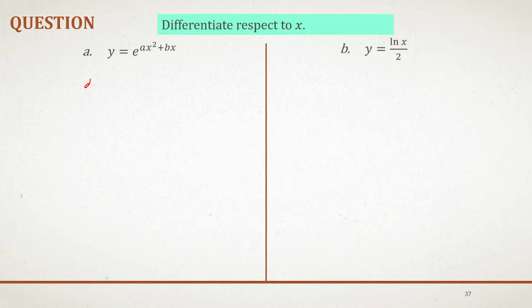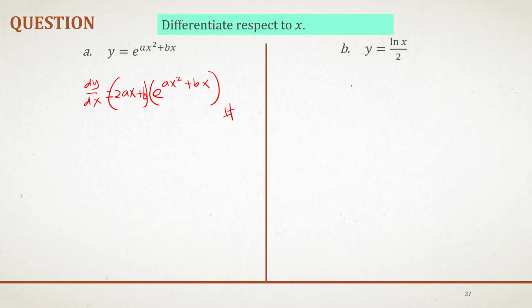So first thing, recall that when you want to differentiate an exponent, first thing, copy ax squared plus bx without doing anything. So keep it as it is. And then we differentiate ax squared, actually is 2ax. And differentiate bx actually is b. So this one we bracket out. So this will be your final answer.